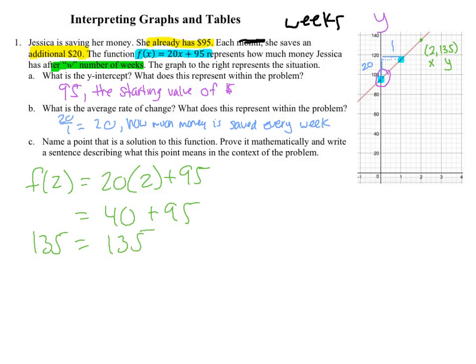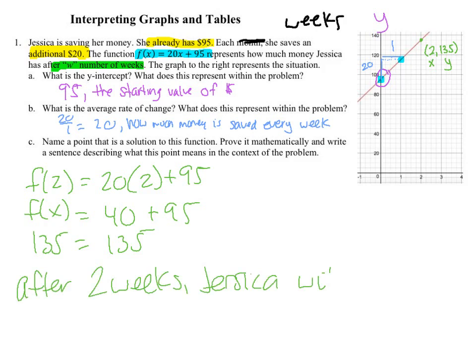And actually 135 is my y value, and f of x does stand for the y value. So what does this mean? It means after 2 weeks, Jessica will have $135.